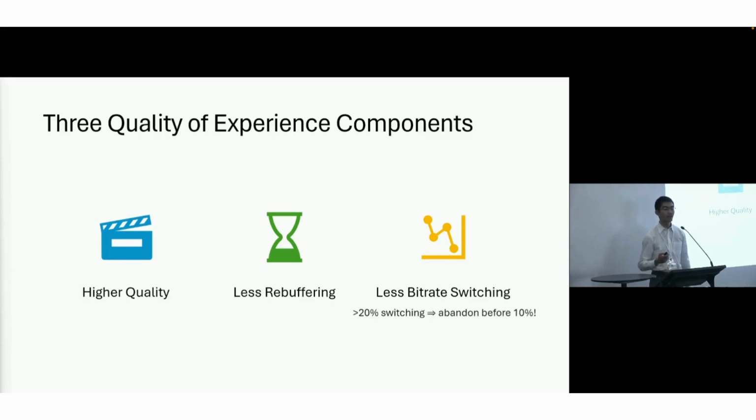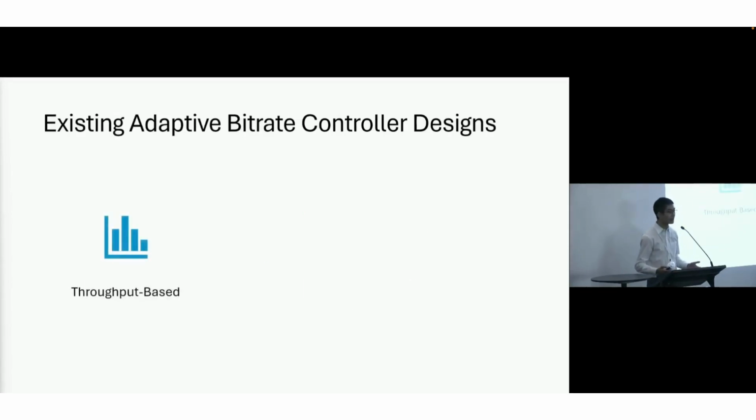In fact, from the production data at Amazon Prime Video, we noticed that when the bitrate switching rate is more than 20%, the user is likely to abandon a video stream even before watching 10% of it, a very negative user experience. Now, ABR has been studied quite extensively in the literature before. There are 3 major groups of design.